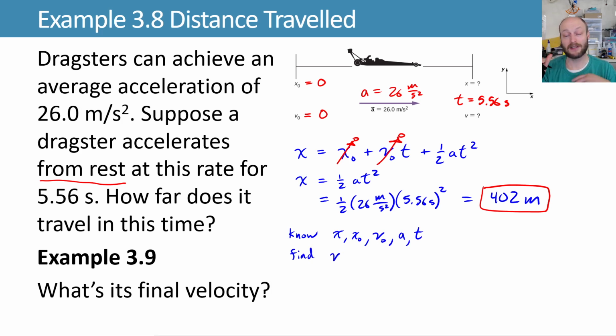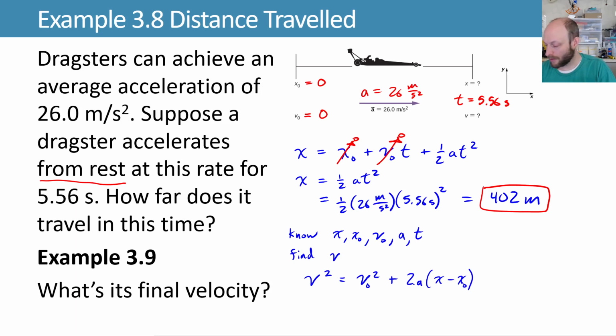So I look through my constant acceleration equations, and I try to find one that can have any of the things I know, and hopefully only one thing I don't know, just to make my life easy. And I find it, it's one that looks like this. My velocity squared is equal to my initial velocity squared plus twice the acceleration times final position minus initial position.